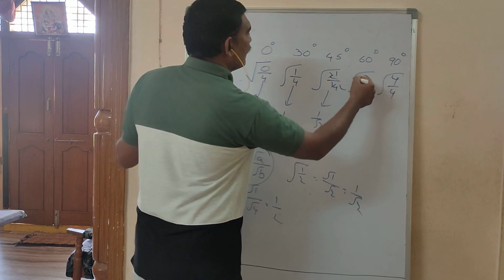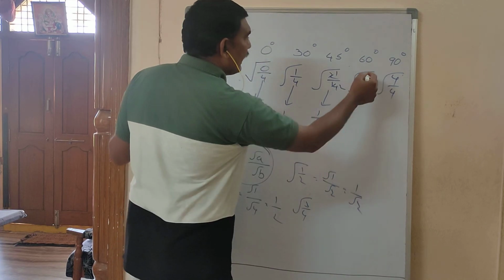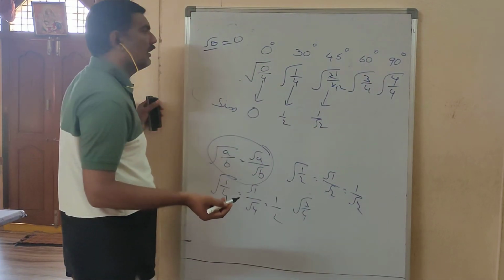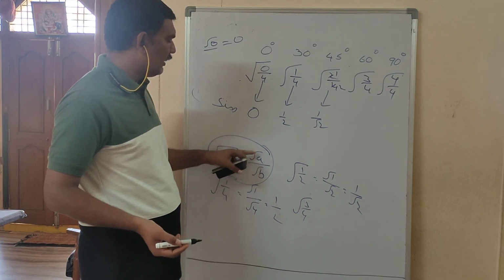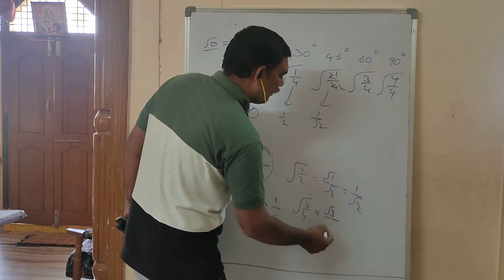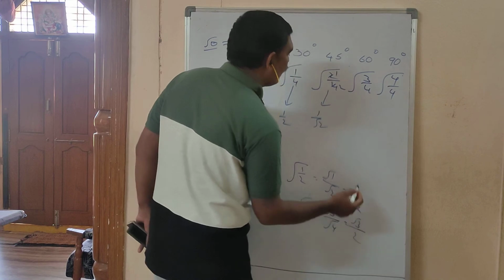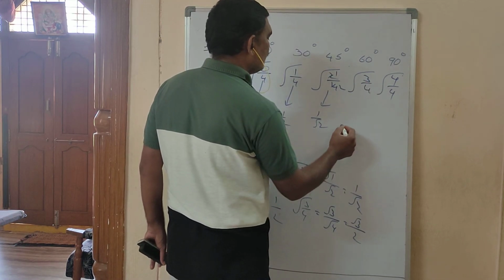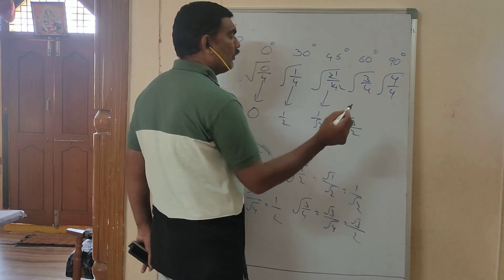Next, root of 3 by 4. Can you cancel these two? No, you can't cancel. So what you have to do? Apply the formula, root of a by b is root a by root b. Here you can write root 3 by root 4. Root 3 we can't simplify, but root 4 is 2. So root 3 by 4 is root 3 by 2. Don't write the root for 2.